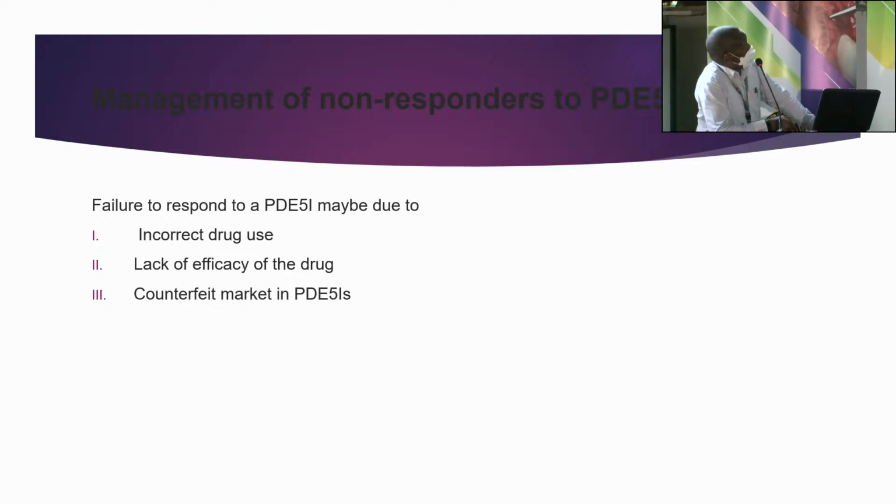What about those patients who fail to respond to PDE5 inhibitors? They may fail to respond because of incorrect use of the drug, lack of efficacy of the drug, or because of the many counterfeit drugs in the market.